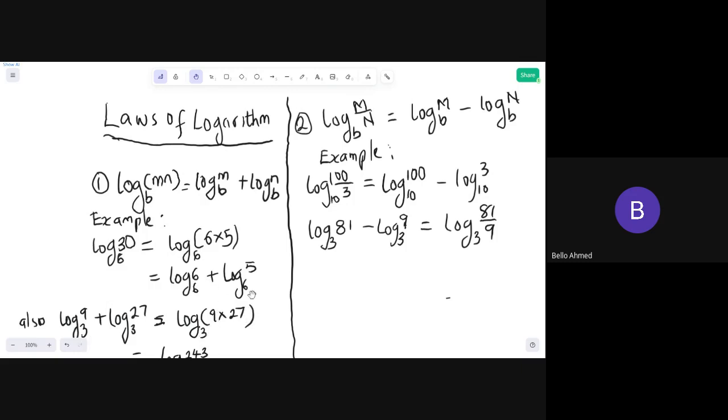And that is going to give us logarithm of 9 times 27, which is 243.